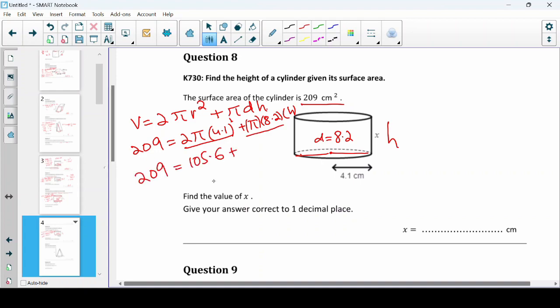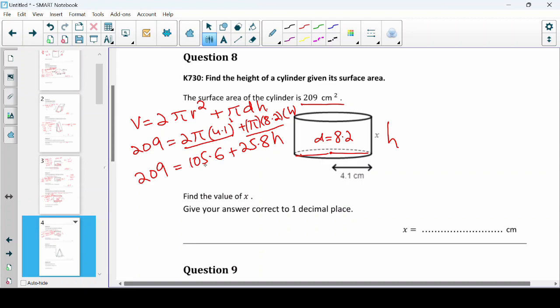Pi times 8.2 gives us 25.76. So we write 25.8h. Now we move this 105.6 to the left side of the equation, and it gives us 209 minus 105.6 is equal to 25.8h.